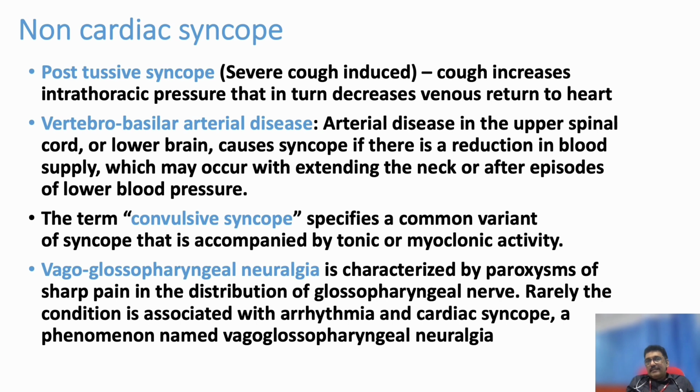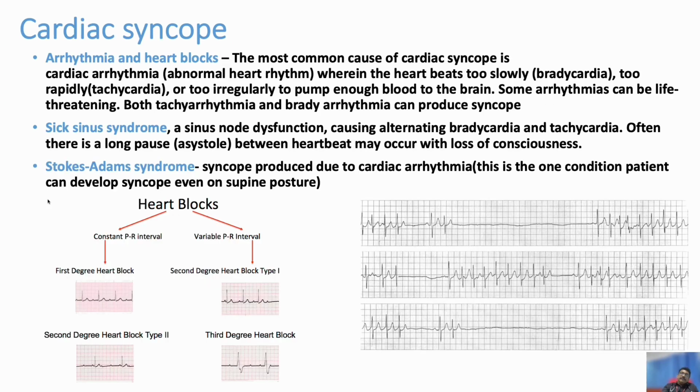If the patient regains consciousness, even if he is having tonic or clonic jerks, we have to suspect it and diagnose it as syncope. If you want, you can go for an EEG study to rule out a seizure episode. Glossopharyngeal neuralgia can also sometimes produce syncope. These conditions are very, very rare.